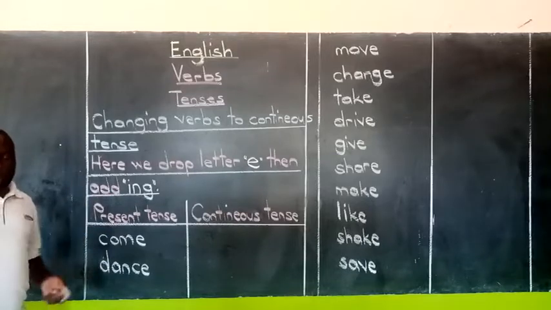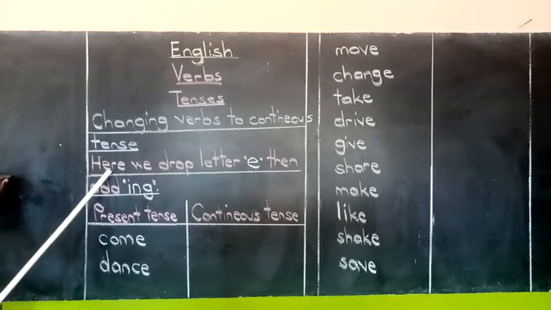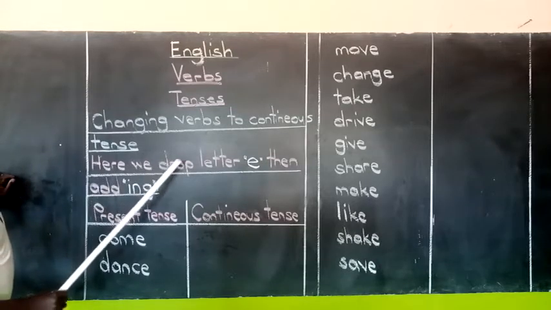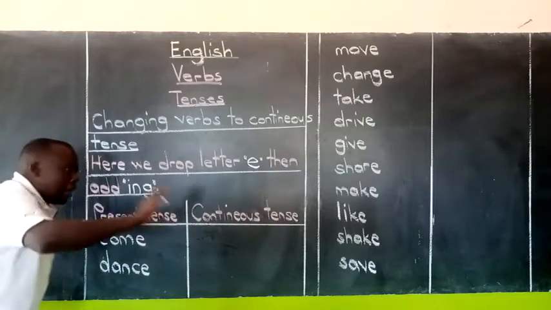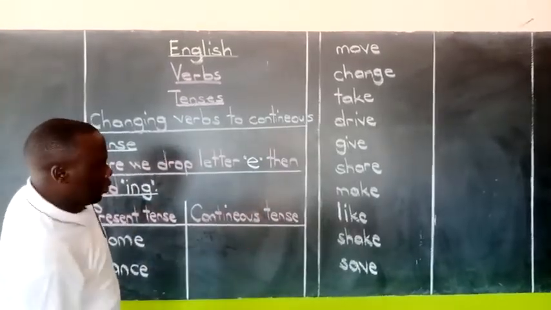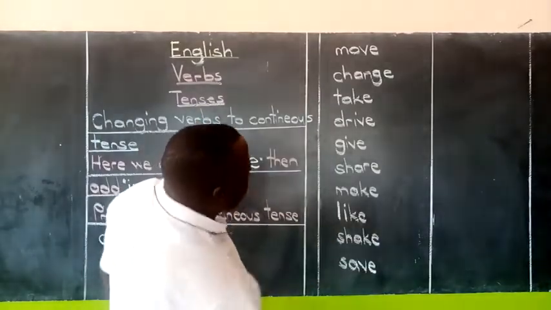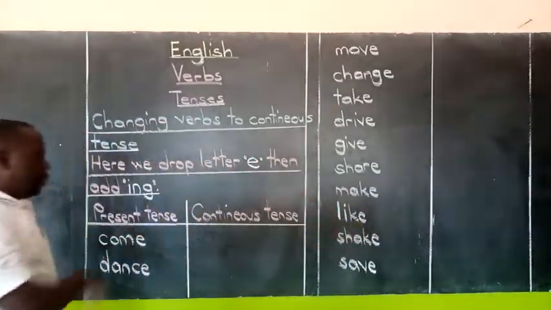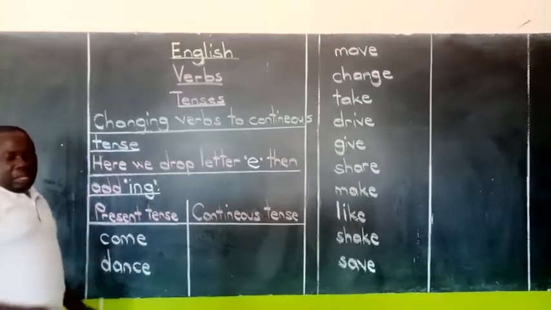Let us go back to our instruction. What does it say? It says that here we drop letter E. Dropping is removing something that you don't want and putting it aside, then you bring the one you want and fix it there.